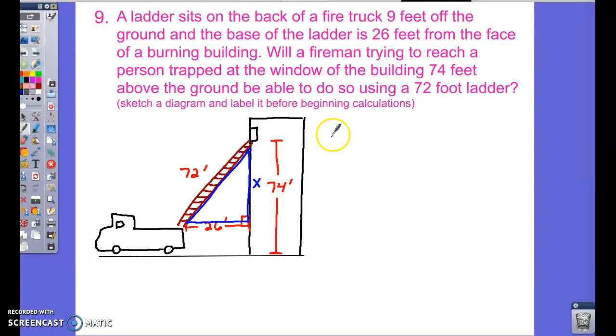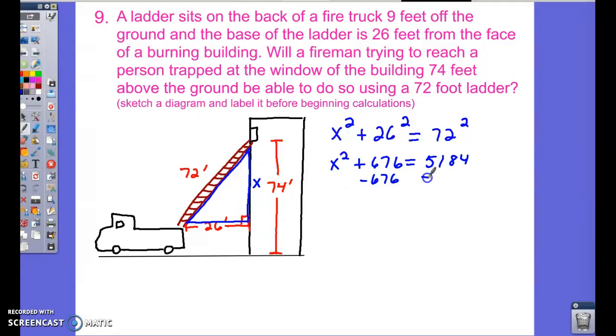Since it is a right triangle situation, we are going to do the one leg squared plus the other leg squared equals the hypotenuse squared. I'll quickly go through these calculations. Taking the square root of both sides, x would be equal to 67.1.